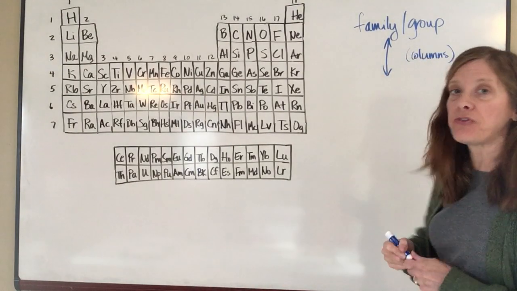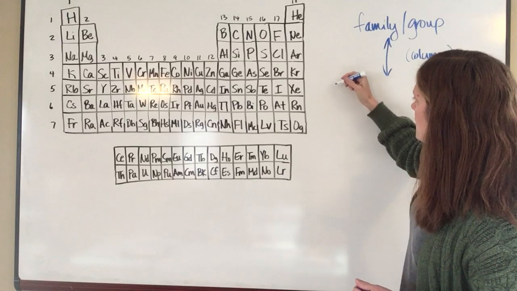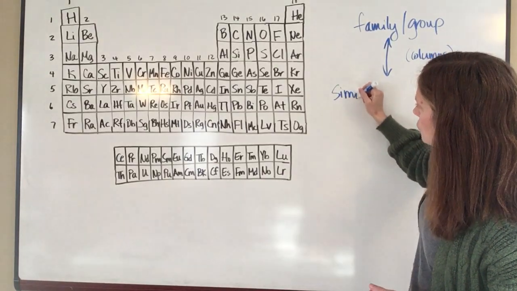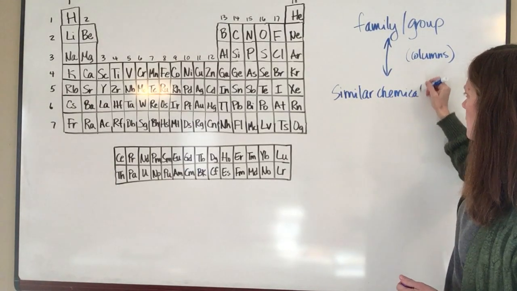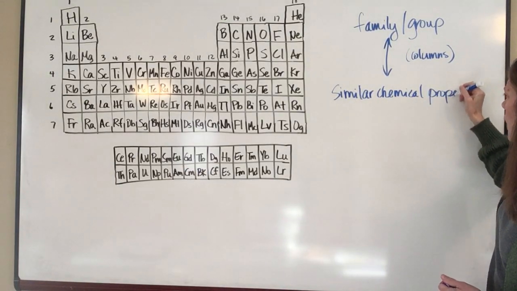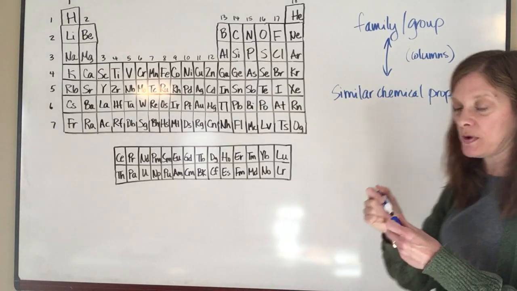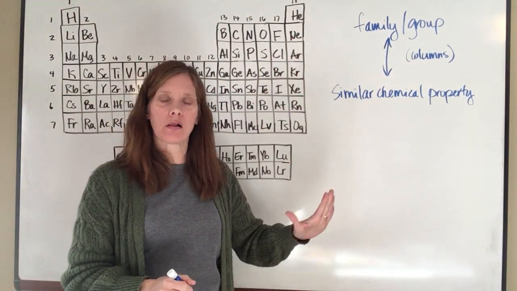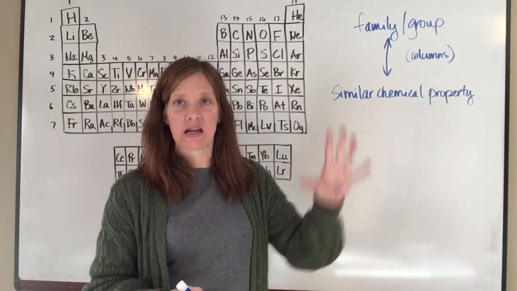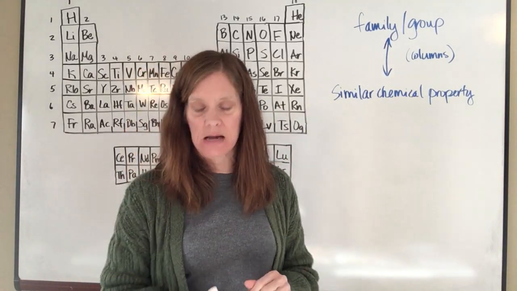And in a family or in a group, the elements that are in there are going to have very similar chemical properties. And remember that we said a chemical property has to do with how it reacts with something else. So anything that's in the same column is going to react similarly to anything else that is in that same column.